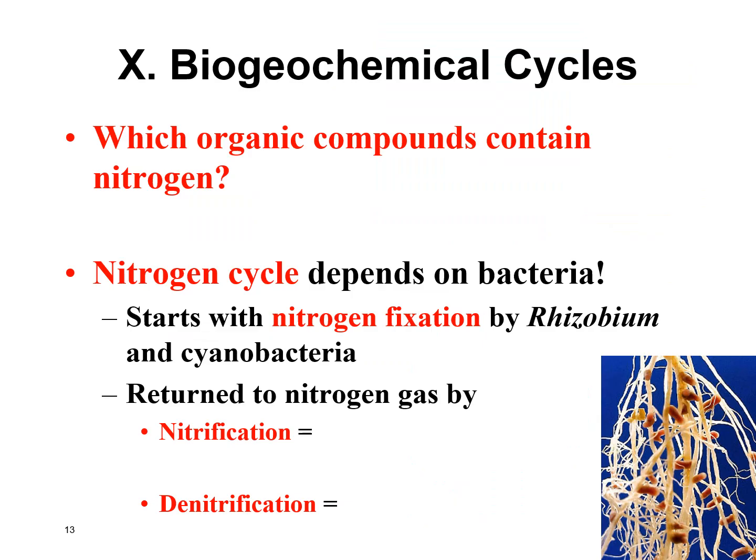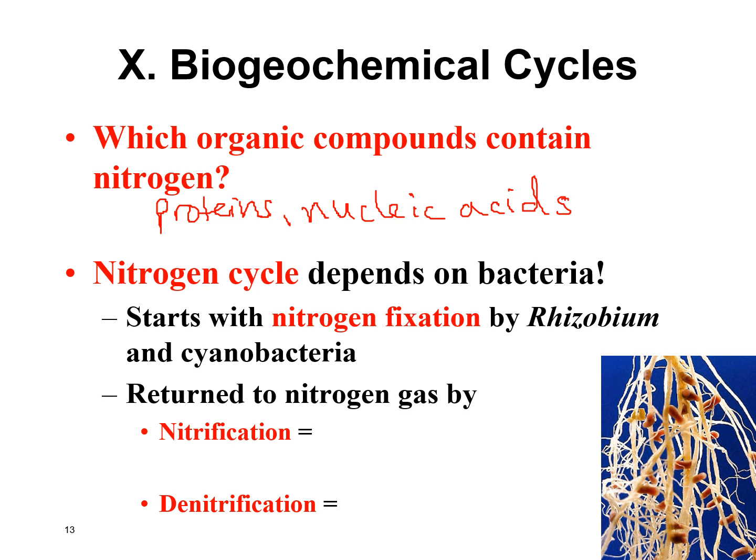Okay, and then there's a lot of different chemical cycles that your book talks about, but I just wanted to talk about one of them, just the nitrogen cycle. So let's think about which organic compounds contain nitrogen. So hopefully you remembered that we talked about how proteins and nucleic acids both contain nitrogen.